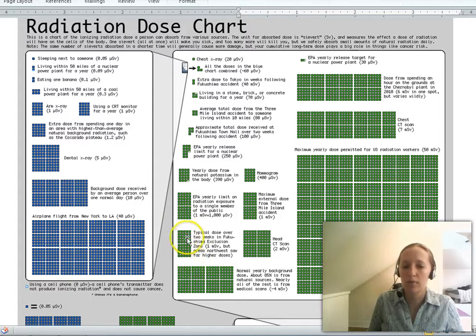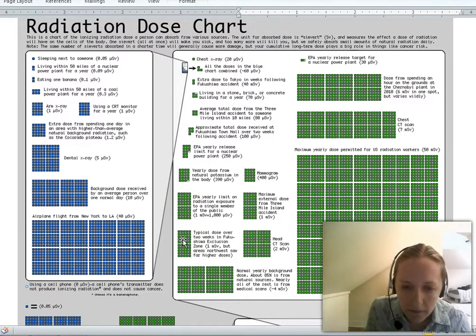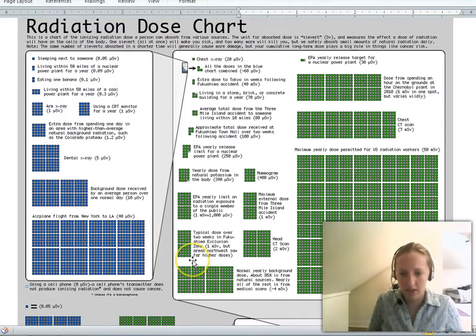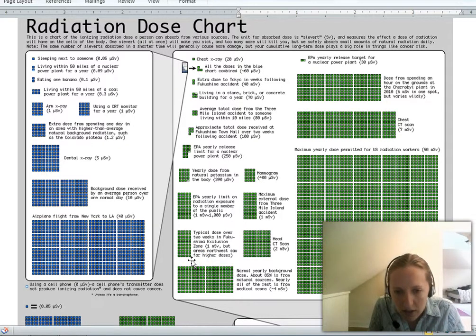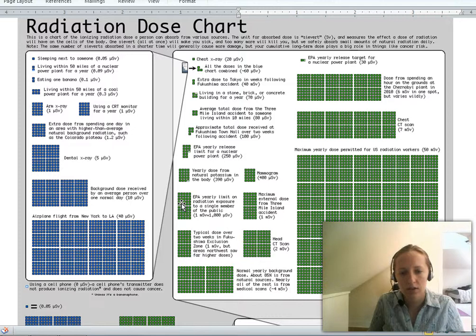If you were in the Fukushima exclusion zone for 2 weeks, you would get about a year's worth of radiation. So that is a lot more. Comparing that to this over here, that's 2 weeks in the Fukushima exclusion zone, right when it was going off.